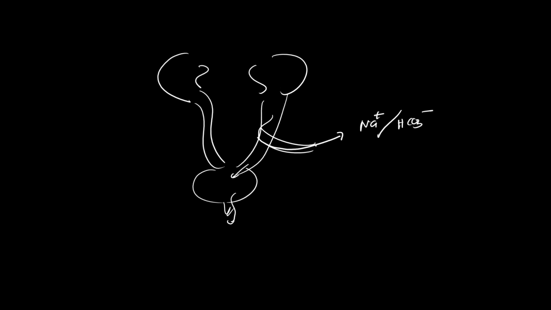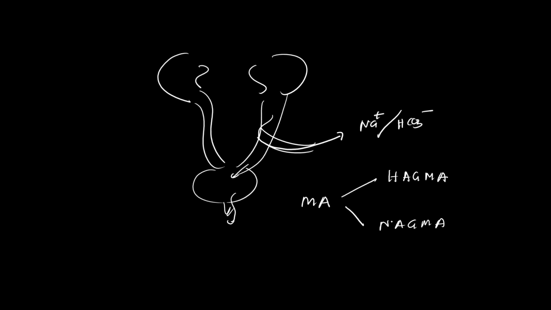In metabolic acidosis, according to the level of chloride ions, we try to differentiate it as HAGMA, high anion gap metabolic acidosis, or normal anion gap metabolic acidosis.